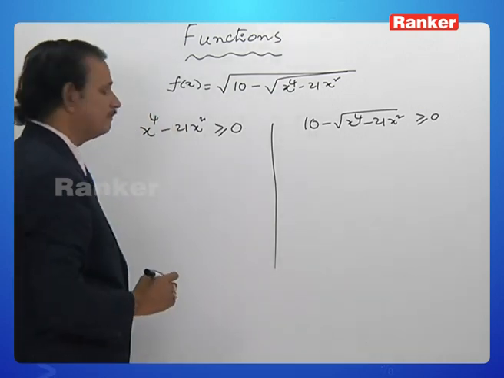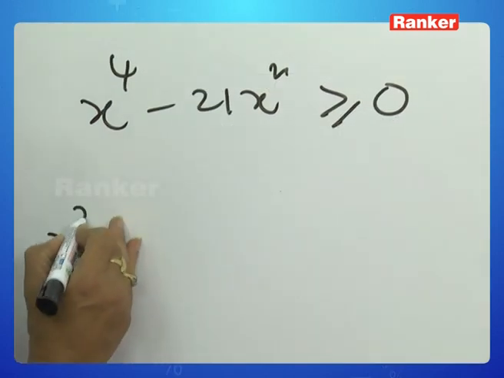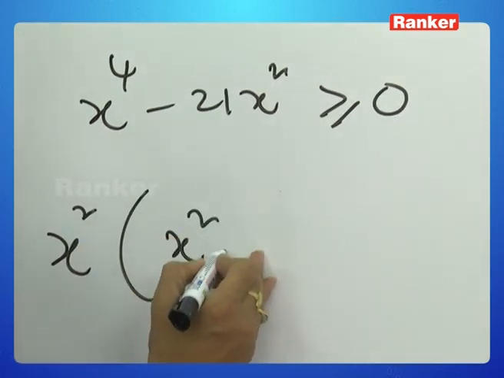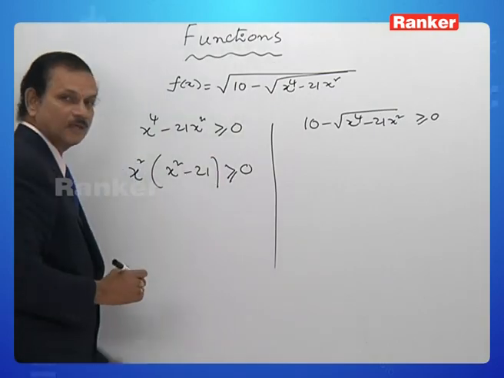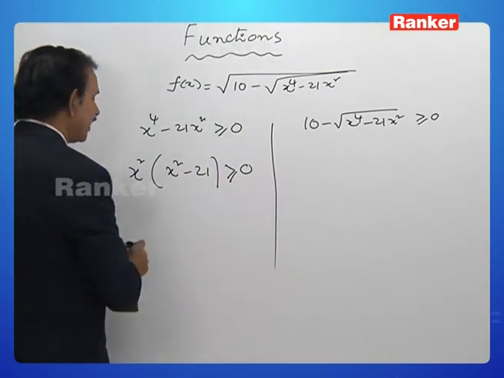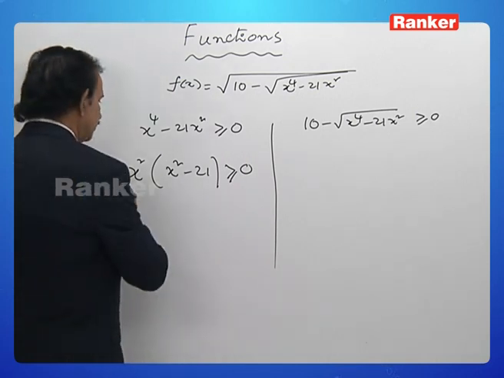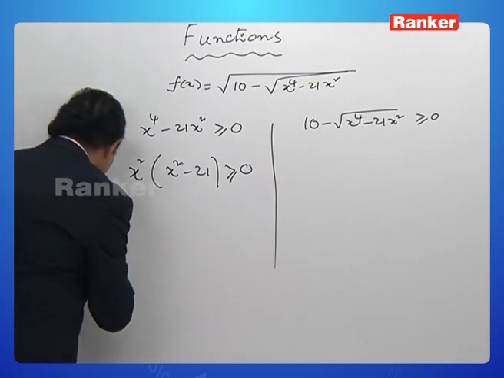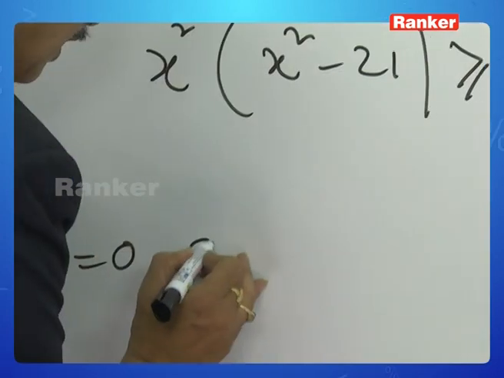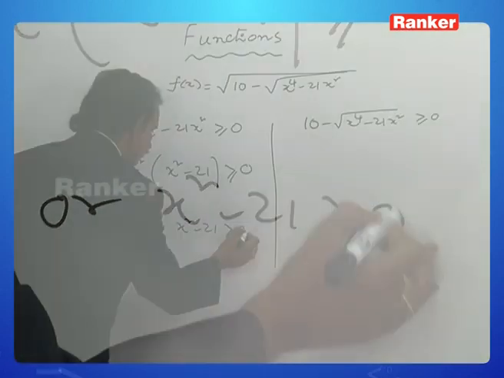Let us concentrate on the first one. X power 4 minus 21 x square is greater than or equal to 0. That is x square into x square minus 21 greater than or equal to 0. Here, two cases may arise. X square, no doubt it is positive. What are the cases? X is equal to 0 or x square minus 21 greater than or equal to 0.